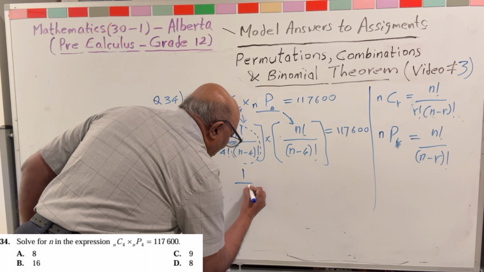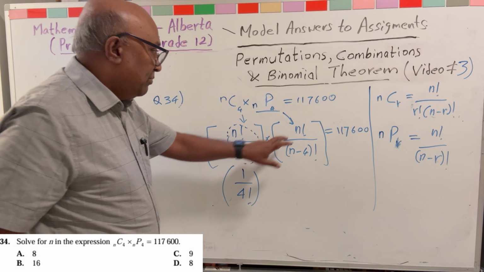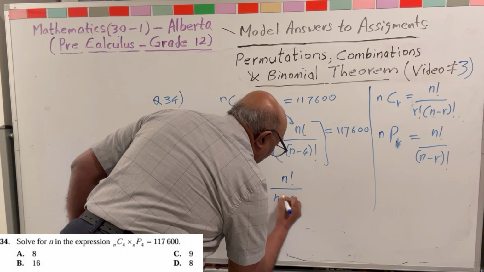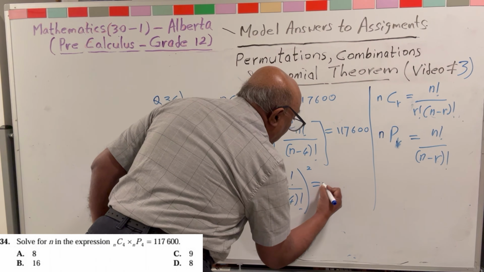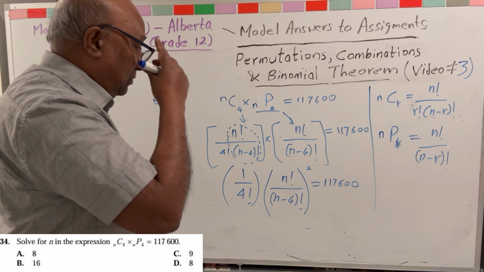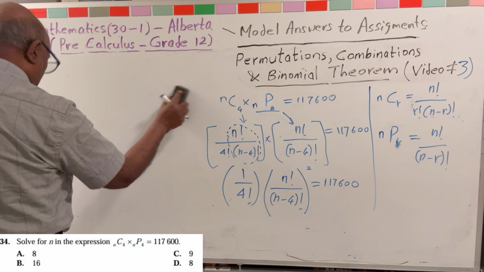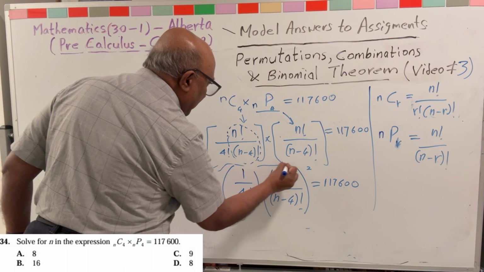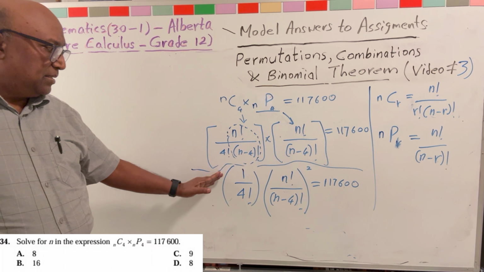I would write 1 upon factorial 4 times, for the rest, factorial n upon n minus 4 factorial, whole thing squared, is equal to 117,600. Please understand these are separate lines: this is the first step, this is my second step, this is the third step.